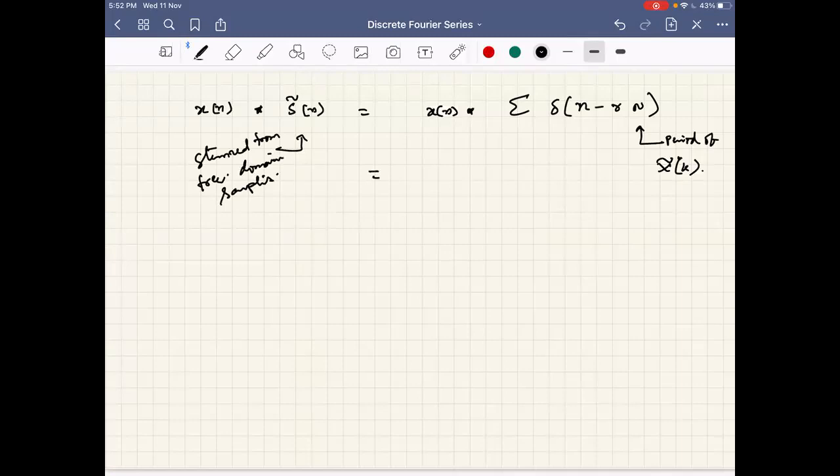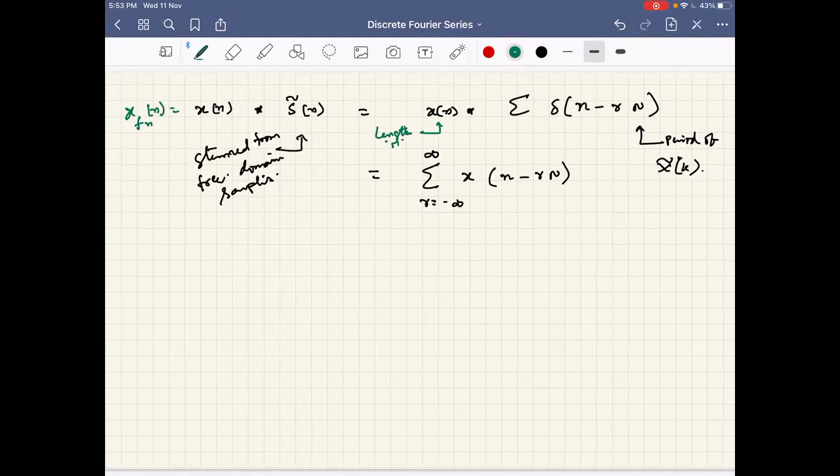What is the convolution with a delta function? The same function, this x of n, shifts by this amount, with r varying from minus infinity to infinity. So what does this mean? Please also note that this is of length M. This is what we have denoted as x frequency sample, the frequency spectrum sampled version in time domain.